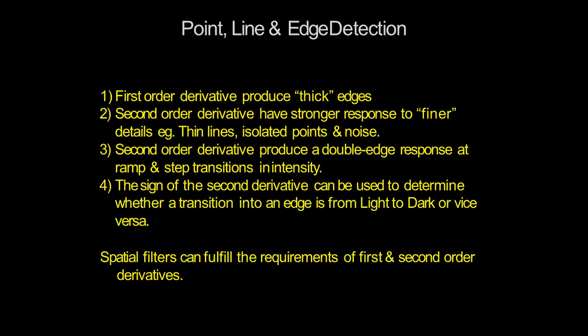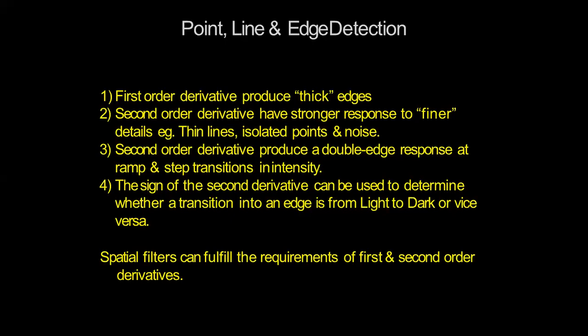The first order derivative produces thicker edges, and the second order derivative produces stronger responses to finer details, for example thin lines, isolated points and noise. The second order derivative produces a double-edge response at ramp and step transitions in intensity. The sign of the second order derivative can be used to determine whether the transition in the edge is from light to dark or dark to light. That is the sign of your second order derivative.